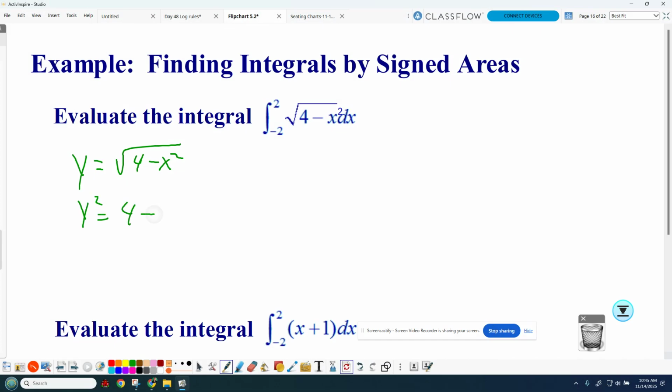But if I do a little squishing the stuff around, okay, I agree. Now I recognize it. It's a semicircle centered at the origin with a radius of 2. Gee, we did this problem a couple days ago. What's the area? 2 pi, thank you.